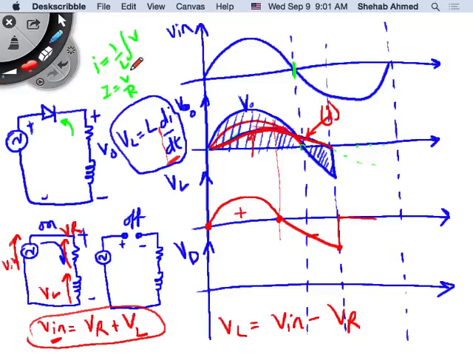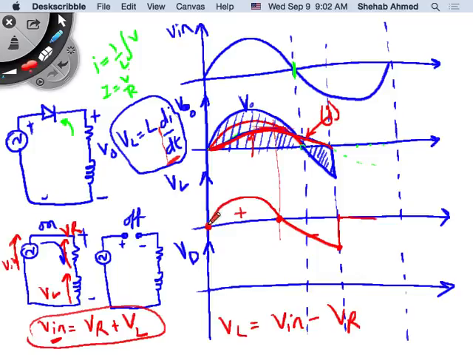Remember, current is the integration of the voltage. So what is the initial value of current? 0. So you started with 0, and then you built up current, because of the integration. The slope is different. I didn't draw it very nicely, but I drew this a bit sharper than this. This I drew sort of flat here.